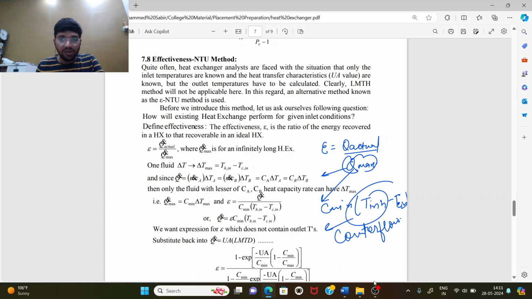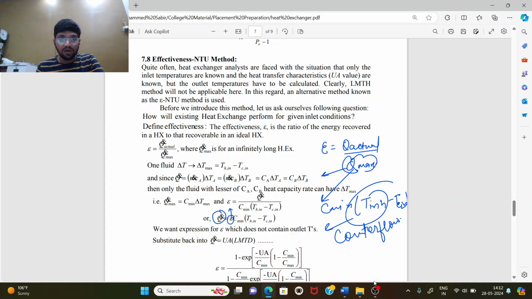Now Q actual is epsilon times C minimum times (T_H,in minus T_C,in). We use this effectiveness-NTU method when we don't know all the information about the temperatures. Now, how do we find this epsilon?